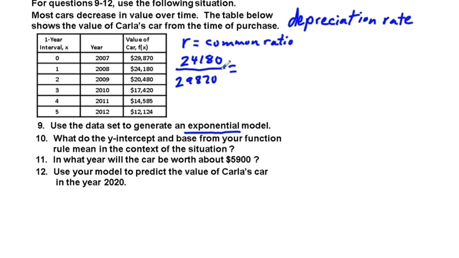Then we're going to take 20,480 and divide it by its preceding term, which is 24,180. Then we take 17,420 and we divide that by 20,480.